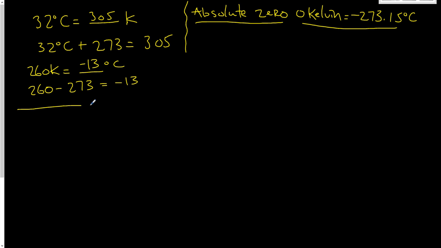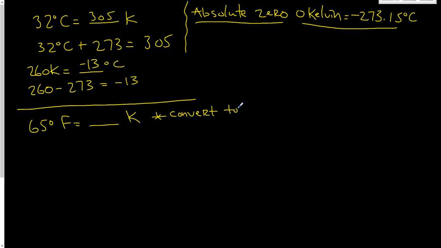Okay, let's do our last conversion here. What if we had something like this? 65 degrees Fahrenheit, and we want to take that and flip it over to Kelvin. The last trick here: first, we're going to convert it to Celsius, and then we will go from there to Kelvin.